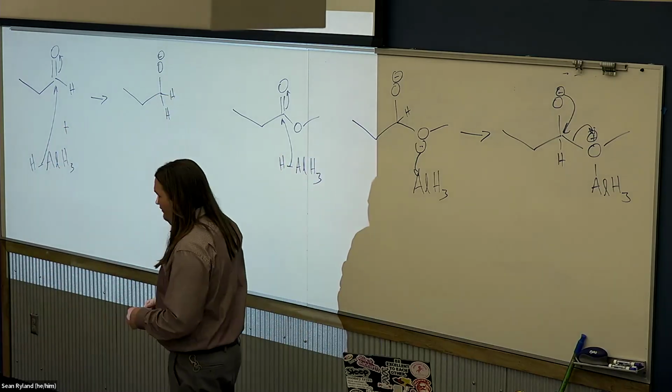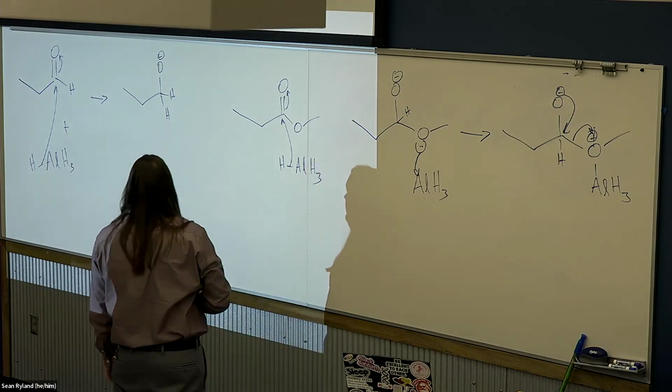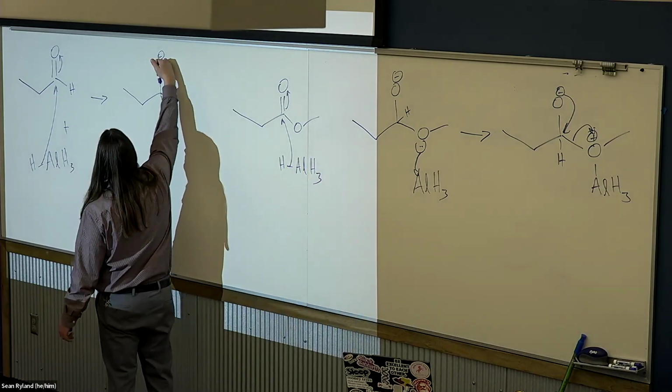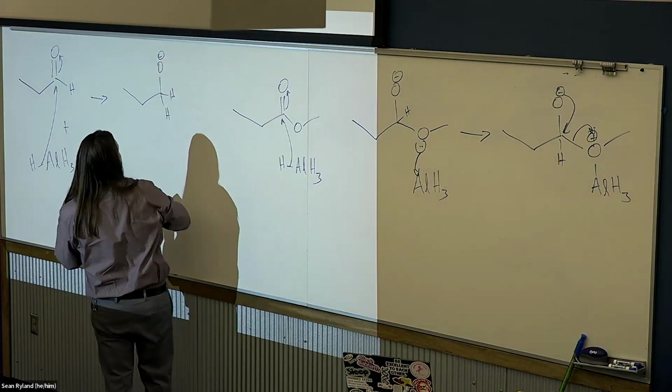Now we've attached two hydrides, reduced that carbon twice. Now we're going to bring in water as a proton source. And because this oxygen doesn't leave, we're just going to protonate.